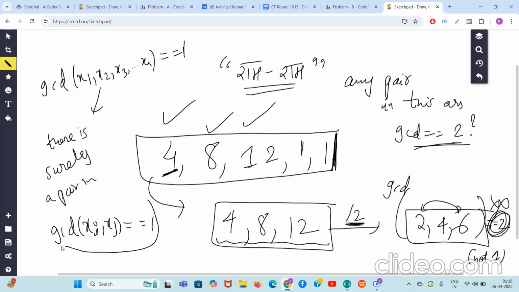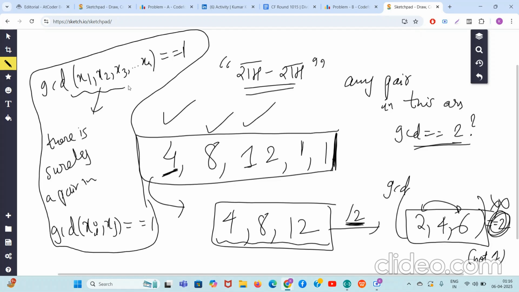This is a very important property. If I tell you that the GCD of a sequence of numbers is 1, it means there exists a pair in this sequence whose GCD is also 1.